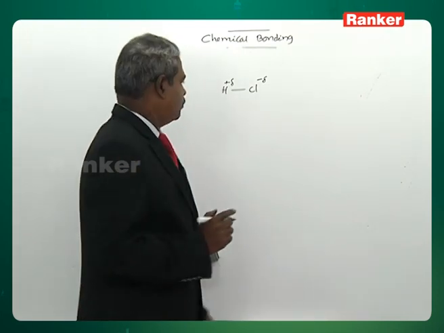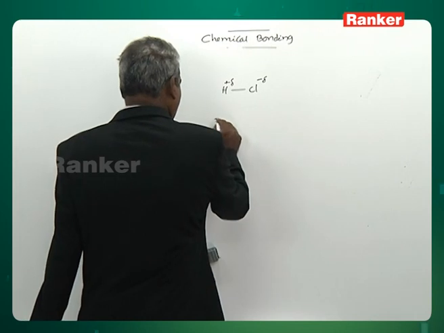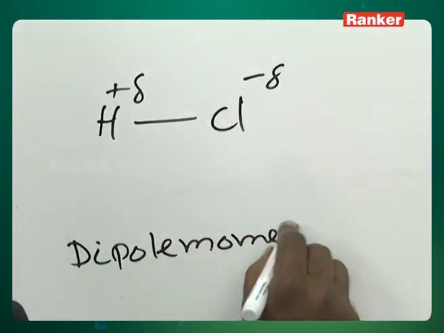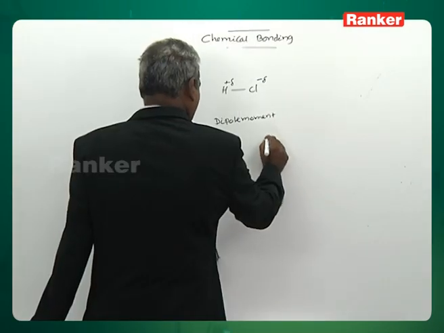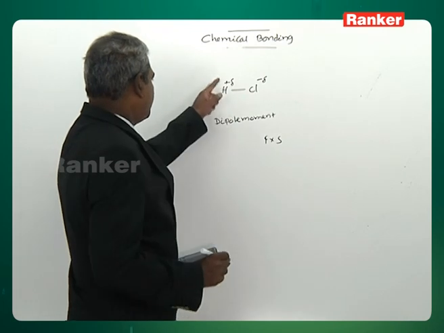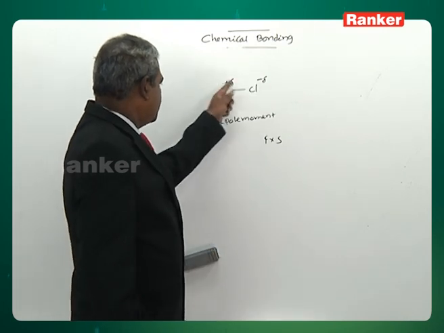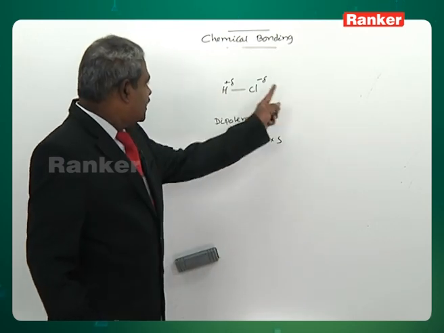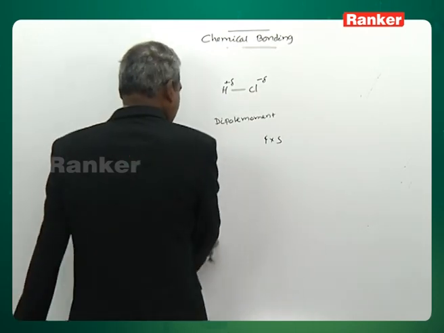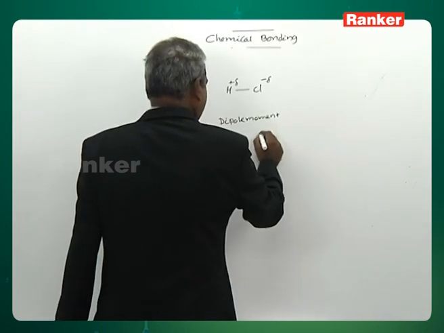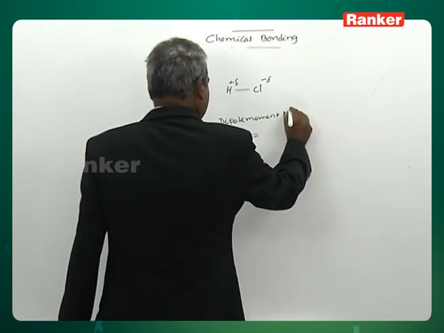So moment of forces, which is called dipole moment. What do you mean moment? Force into distance from where the force is acting. Here is a positive charge and here is a negative charge. Some force is acting between them, and how far it is acting from decides the dipole moment of the molecule.